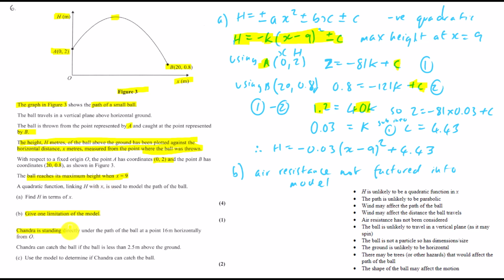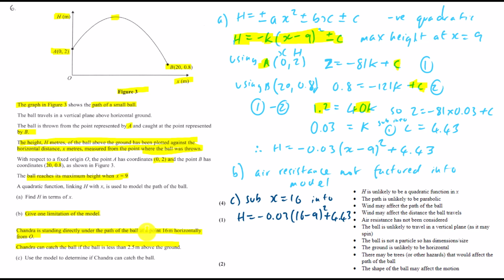Now Chandra is standing directly under the path of the ball at 16 meters horizontally, so that's at X. Can she catch the ball if it's less than 2.5 meters above the ground? Use the model to determine if Chandra can catch the ball. So you need to sub X equals 16 into your model so that we can find out what the height will be at X equals 16.